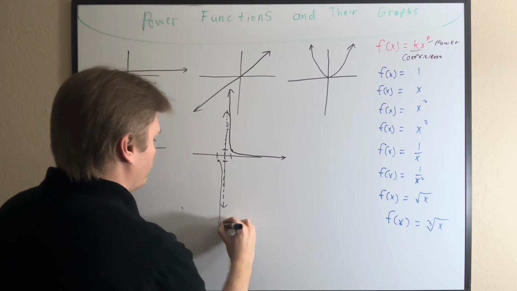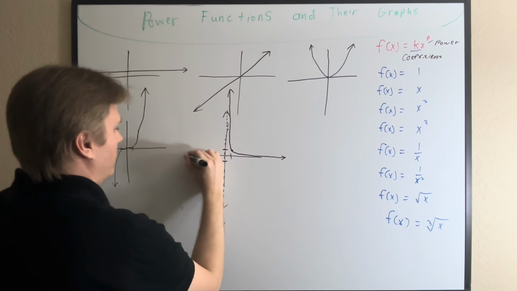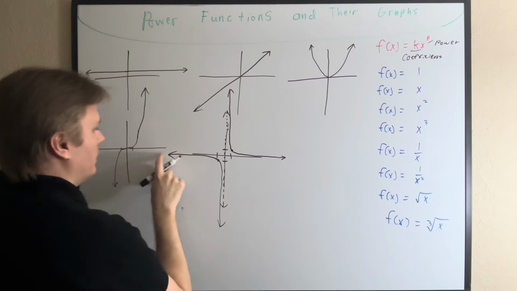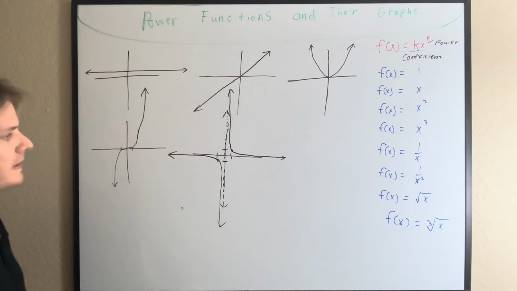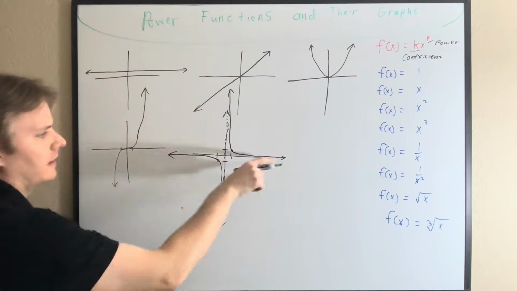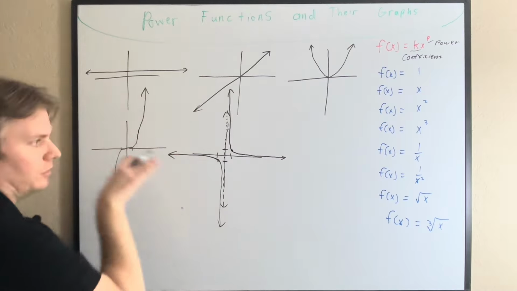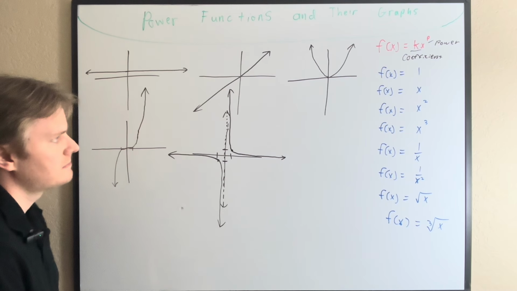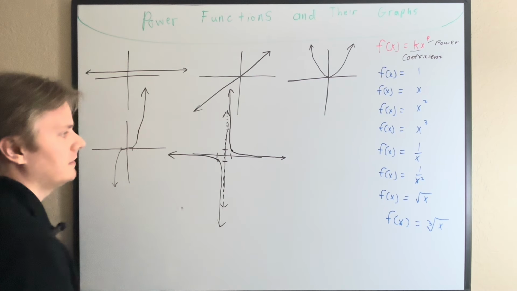So you get really, really low y values and really, really low x values over there. You can say that the x-axis is also kind of an asymptote, a horizontal asymptote. Yeah, that's what 1 over x looks like.